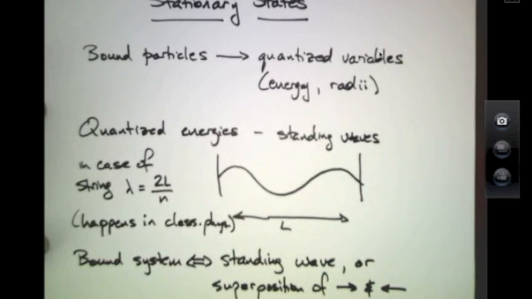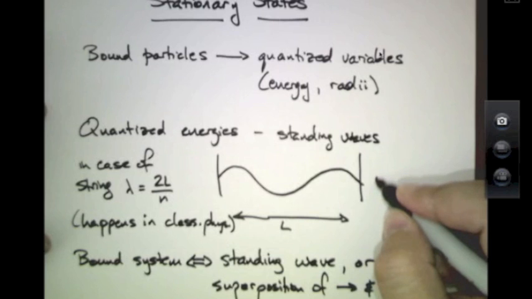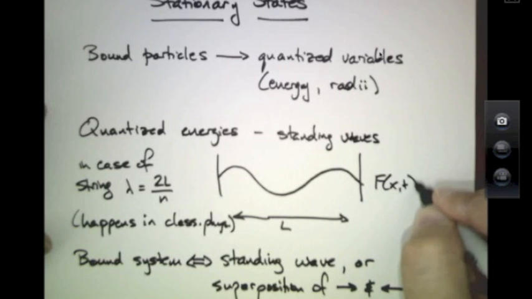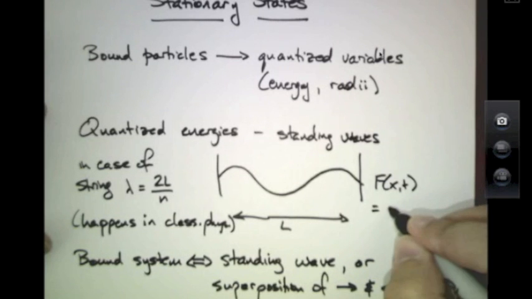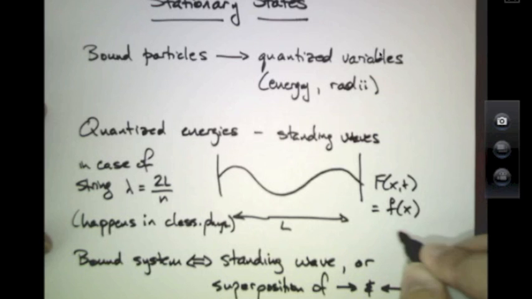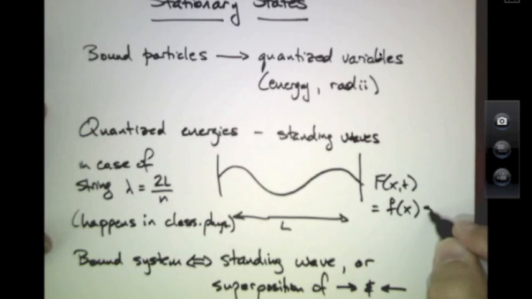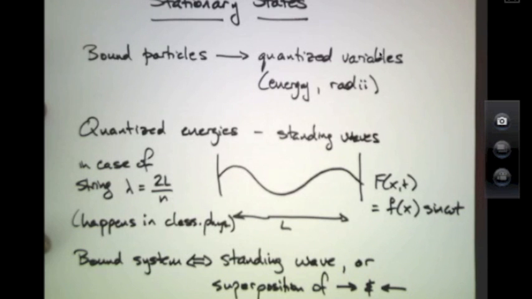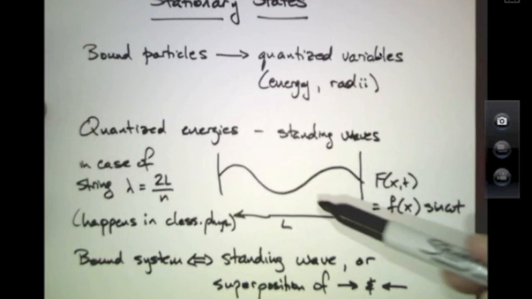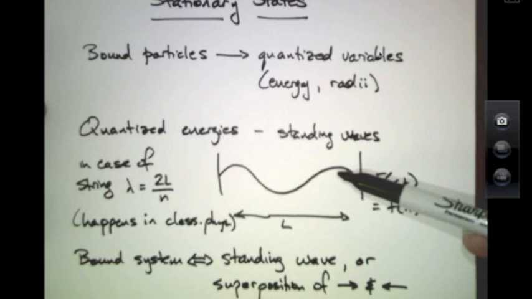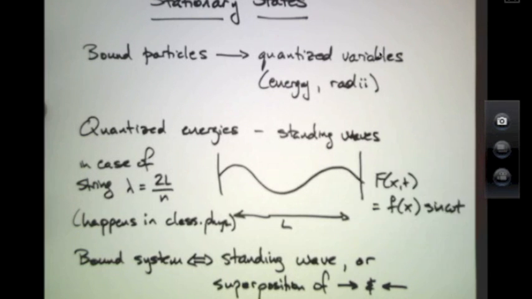As a result, the wave function in classical physics takes on a somewhat simplified form. It's some function of x times a sinusoid in time. And that's basically unchanged for any kind of system. The nodes aren't moving left and right. The whole system is just oscillating up and down.